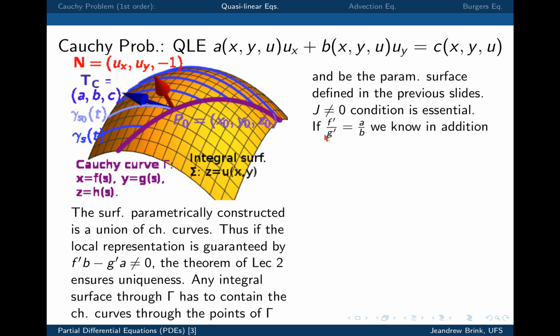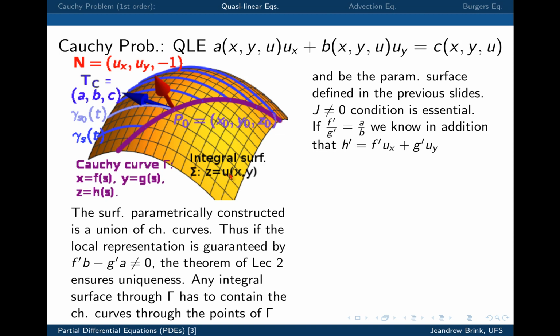We know, in addition to that, that this expression is always true. Why is it true? Look carefully. It's not obvious, but it's always true. H's derivative is basically the derivative of z, which is the derivative of u along s.